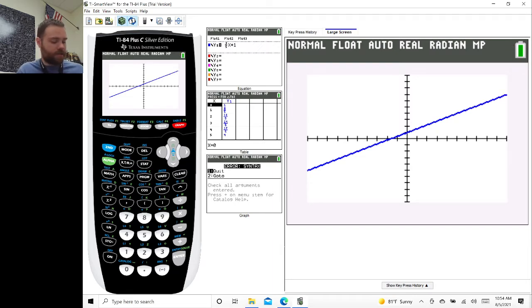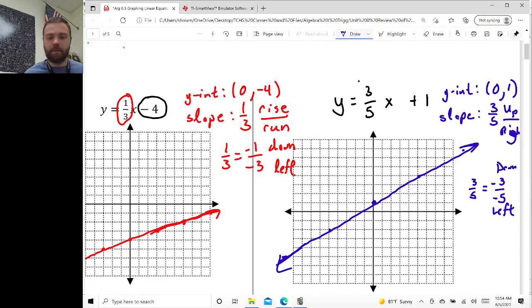Now it may look just slightly different because the scaling on the bottom, this x-axis here, let me make sure you can see my pointer. This x-axis here is kind of bigger than this. The scaling between is bigger than this y-axis. So if I had them closer together, you'd be able to see that.